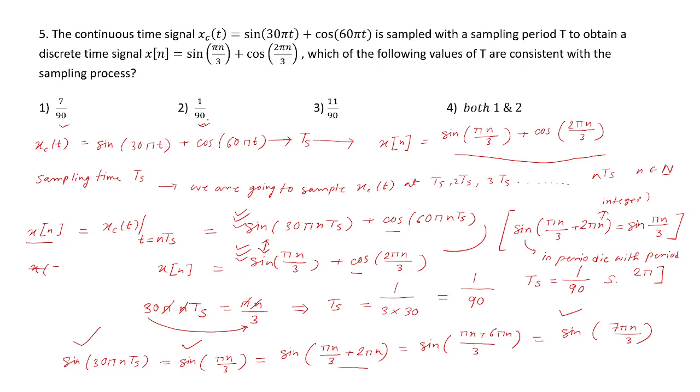So we have shown mathematically that both 1 over 90 and 7 over 90 are correct. If we sample this signal x(t), whether with 7 over 90 or 1 over 90, we are going to get the same discrete time signal. Let me write it down for you for clear understanding.